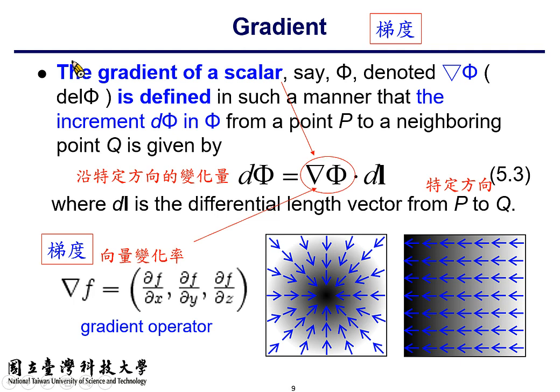If this is the height of a region, then the blue arrow means the change of the height in this region. And by definition, the gradient is pointing to the direction in which the scalar is getting bigger and bigger.